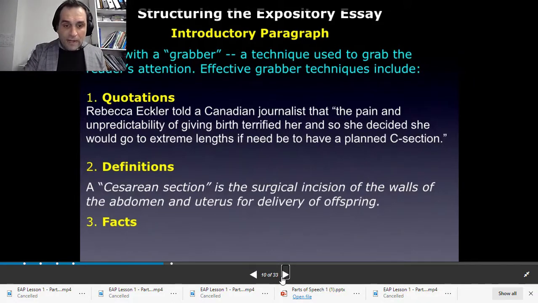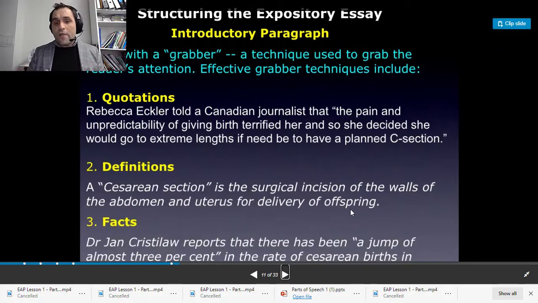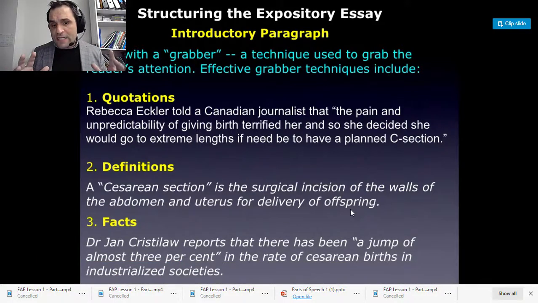For example, a fact can be, Dr. Jan Christelaw reports that there has been a jump of almost 3% in the rate of cesarean births in industrialized societies. Now, that's a fact. And how do you know it's a fact? Well, I can see a percentage, almost 3% in the rate of cesarean births in industrialized societies.